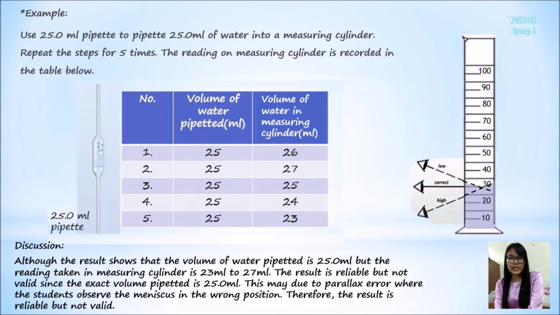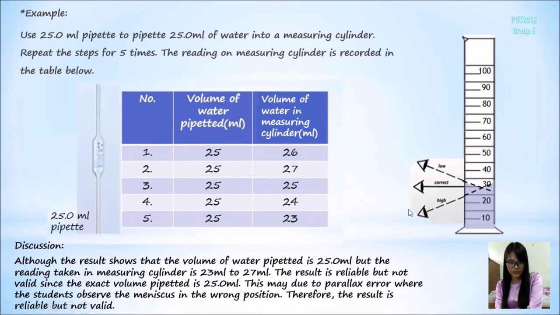I would like to explain a little bit about parallax error. A student could get a lower reading if he or she observes the reading from a higher position, and oppositely, a student can get a higher reading if he or she observes the result from a lower position.